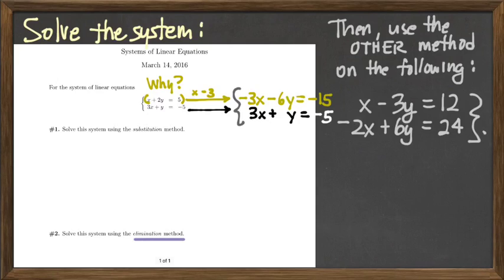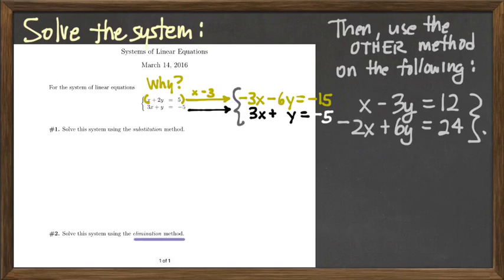So in the elimination method, what we do is we look ahead and say, if I'm going to add these two equations together, let's say, then I need the equations to be set up in a way that kills one of my variables. And so Mike is saying, let's say I want to get rid of the x's to leave me only an equation with y in it to solve. Then what I need is my x's in these two equations to have equal and opposite coefficients from one another.